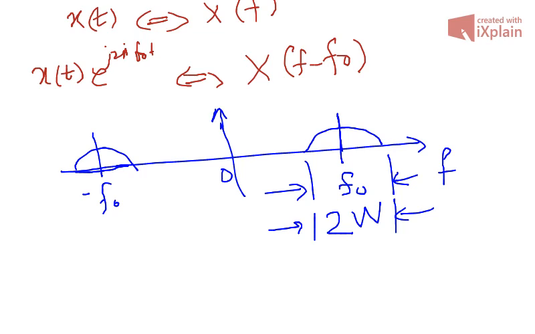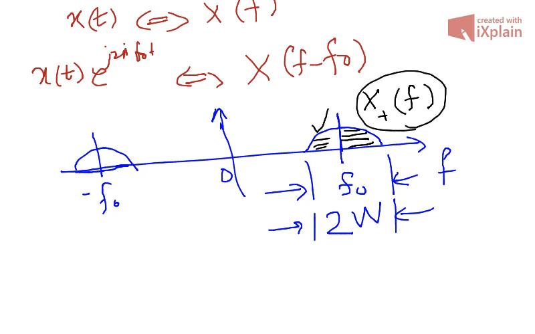Now we know that the information in this X positive of f is enough to reconstruct this signal, because we can always make the other part, X negative, from this one. So instead of transmitting a signal with 2 times the bandwidth, we would be interested in transmitting just this signal, because this is a redundant part now.